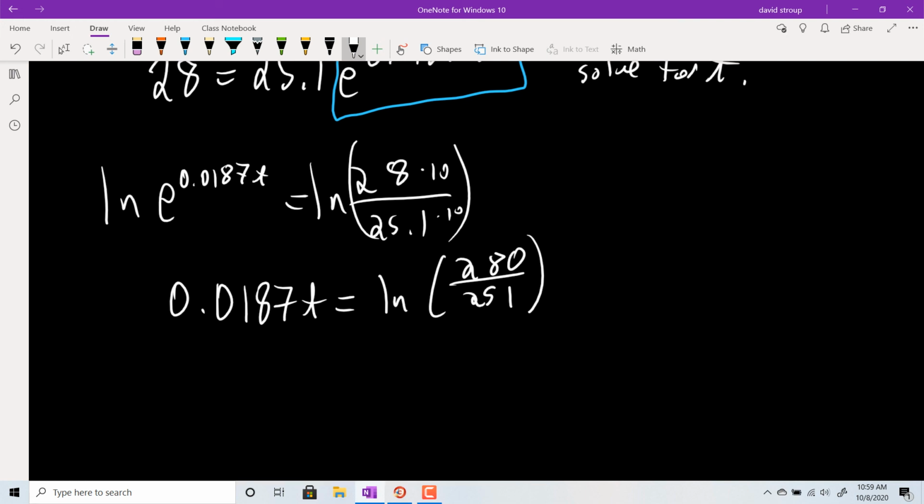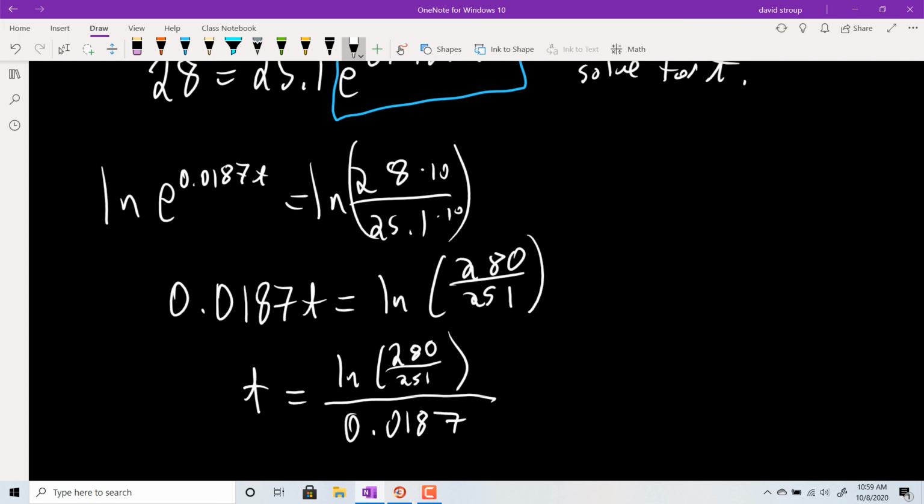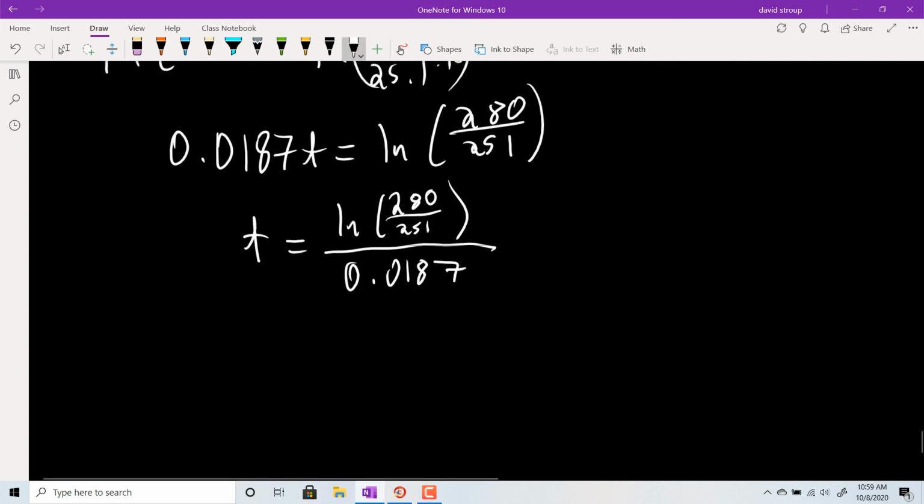Okay, so divide both sides by 0.0187. You get t equals the ln of 280 all over 251. Again, you can't smush the 0.0187 inside of the logarithm. Another decimal and a fraction. Yuck. Anyways, put that into your calculator and you get approximately 5.